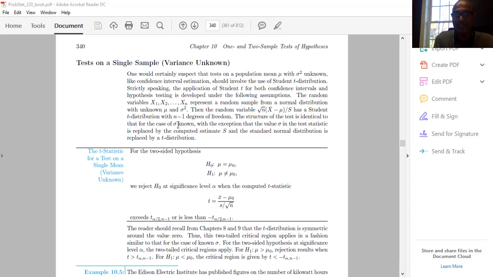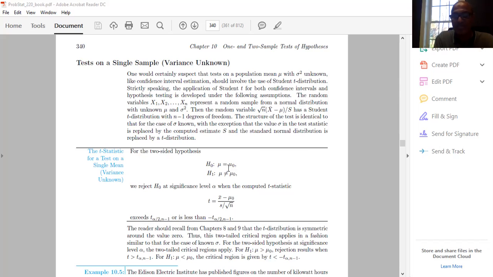The structure of the test is identical to the case of sigma known, with the exception that sigma in the test statistic is replaced by the computed estimate s, and the standard normal distribution is replaced by the t distribution.